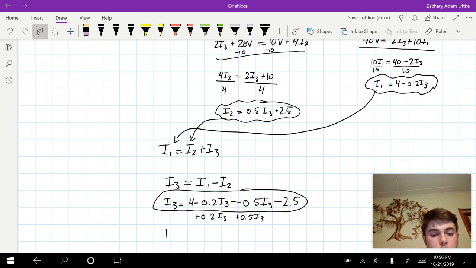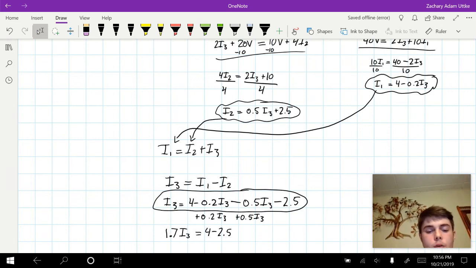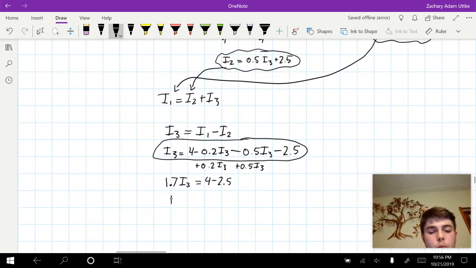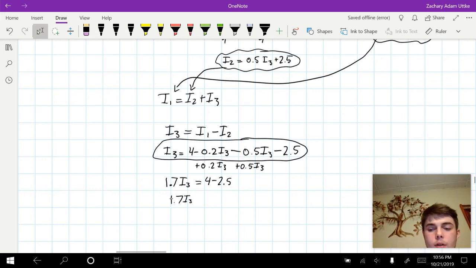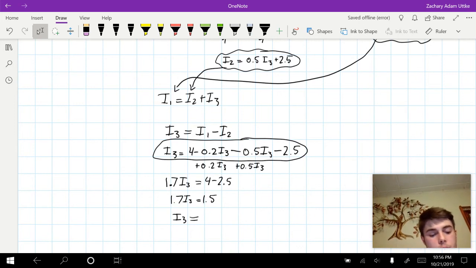We get 1.7 I3 equals 4 minus 2.5. So 1.7 I3 equals 1.5. And then we could divide each side by 1.7. And we get that I3 equals 1.5 divided by 1.7, which is 0.88 amps.